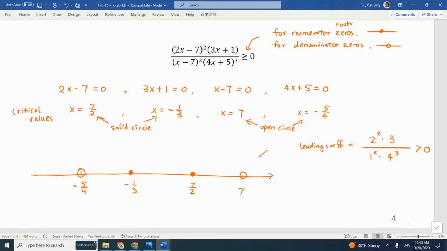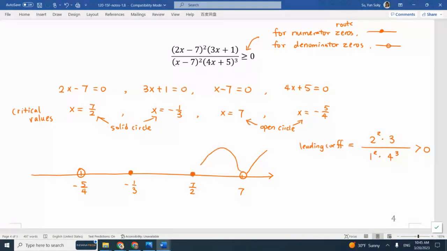Then do we start with the right upper corner or lower corner? Right upper, okay. When we meet 7, what is the multiplicity of 7? 7 is x minus 7. What's the multiplicity? 2, yes. It's even. So do we cross or bounce? Bounce, exactly.